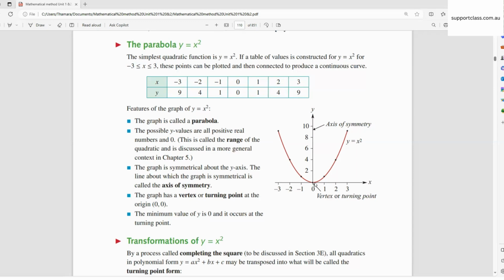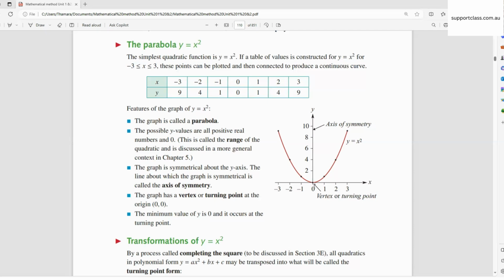So this is the 0, 0 point in this graph, y is equal to x squared, which is the simplest form of the quadratic equation. You can find the 0, 0 point. If you look in more detail at this 0, 0 point, and put a line over here, I'm talking about the y is equal to 0 line.